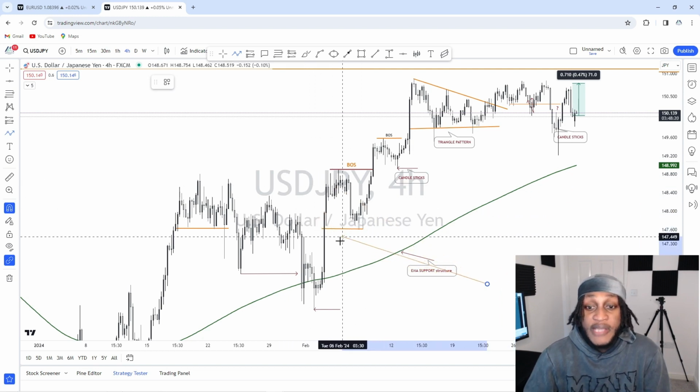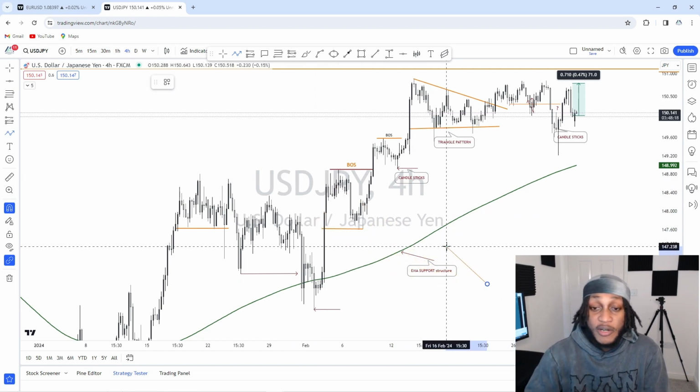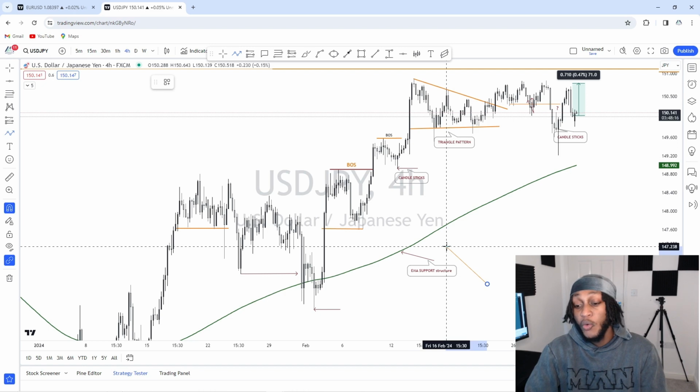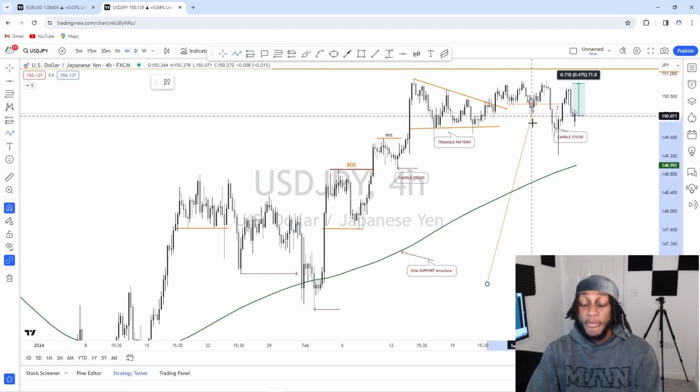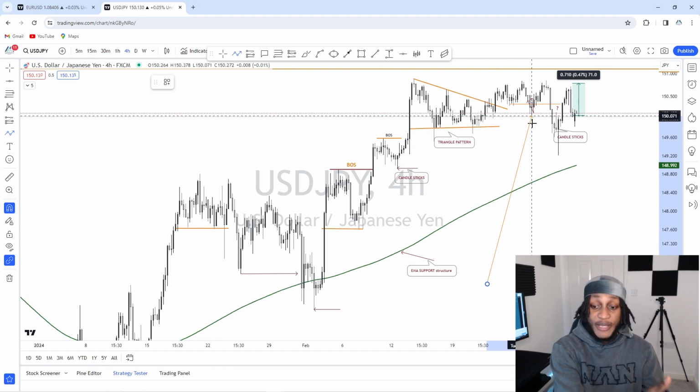So every time price comes back into my EMA, that's another confirmation that the price may go higher, because with my EMA, once the market is bullish, price will be above my EMA. That's my confirmation. You see how price is trending above my EMA. That already confirms to me that USD JPY is bullish. So that's another confirmation.